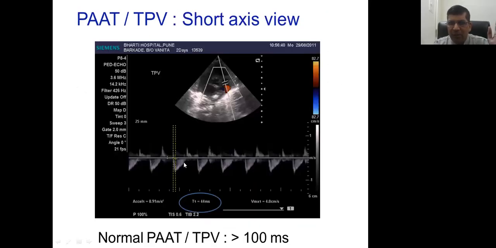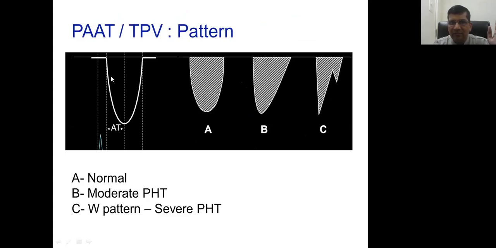But in cases of PPHN, what happens? This is the normal phenomenon, normal acceleration and normal deceleration. But in PPHN, the laminar flow becomes a triangle.